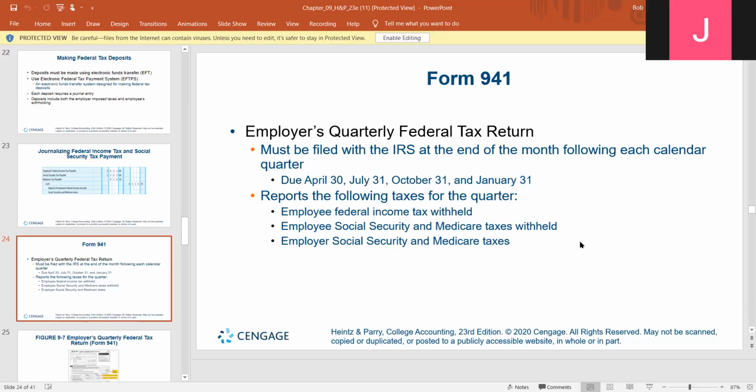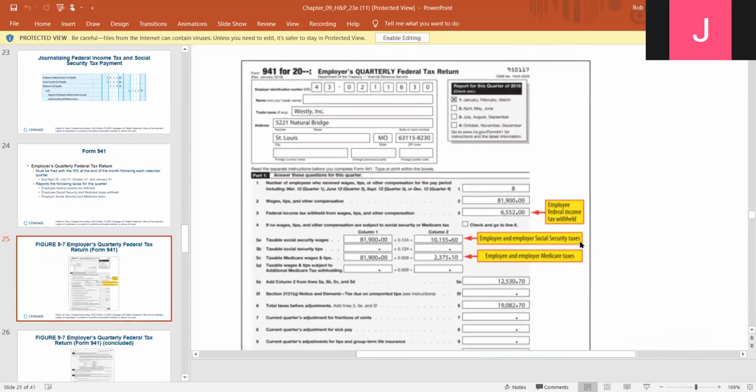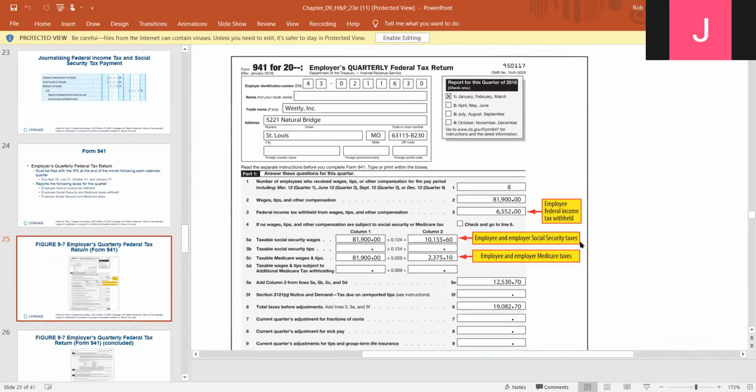The Form 941, if you go back any ways at all in accounting years back, these forms had to be prepared every quarter, the quarterly 941. And what it does, it just reconciles what you took out of employees' pockets plus what the company should have paid on top of that.